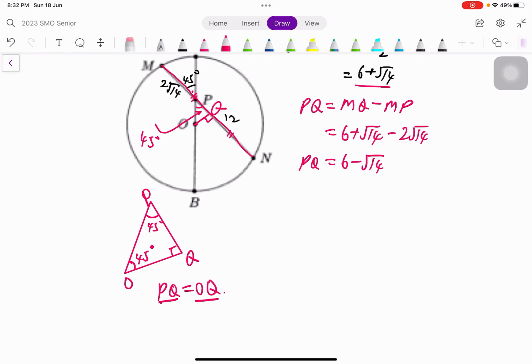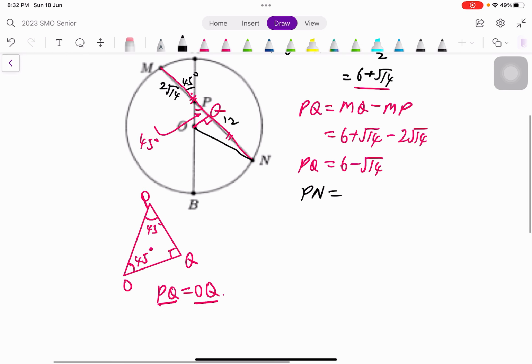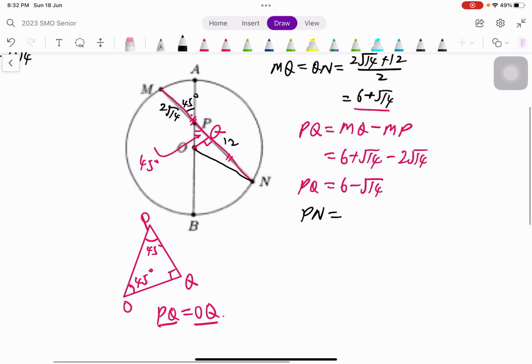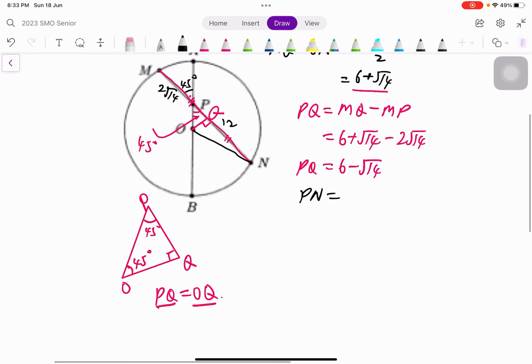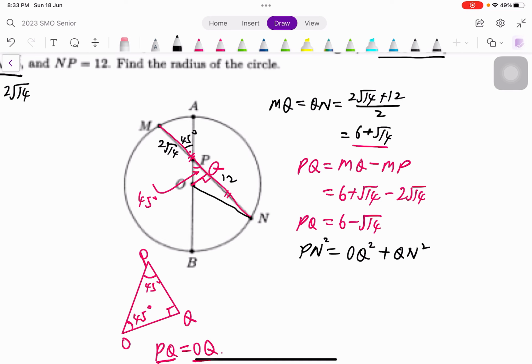And then now I can join this. Therefore, what is the length of ON?